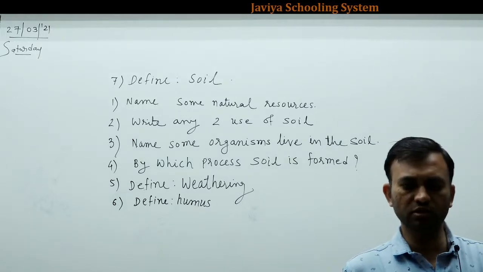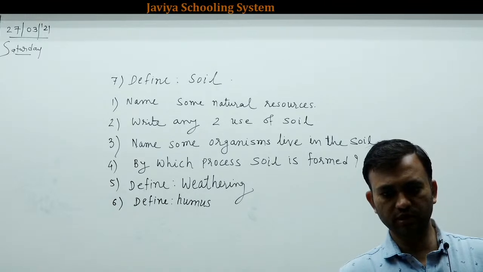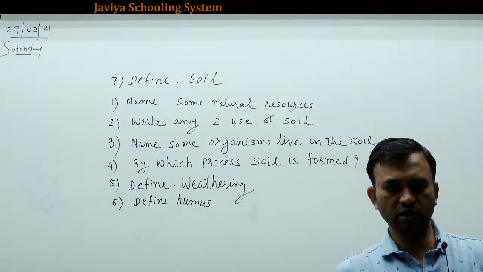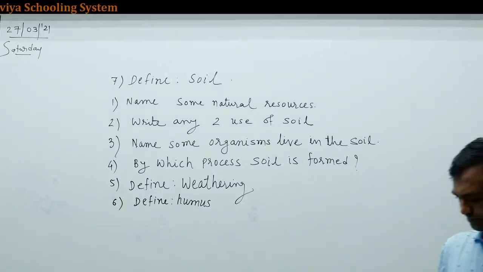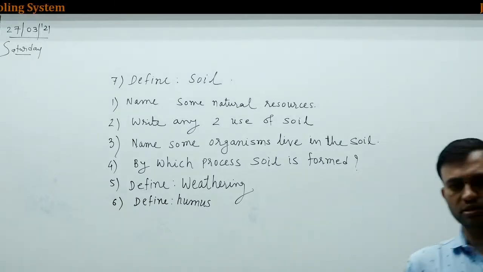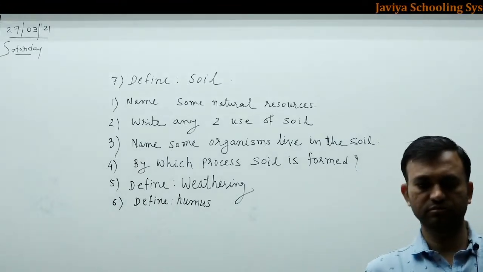So the soil is not same everywhere. Clear? Soil is not same everywhere. So you can say why it is not same. Can you give me the answer why it is not same?